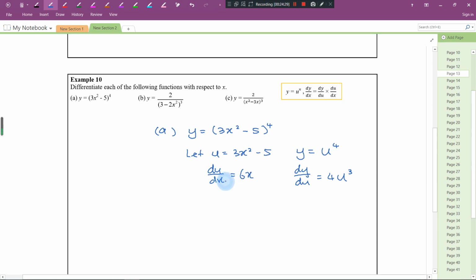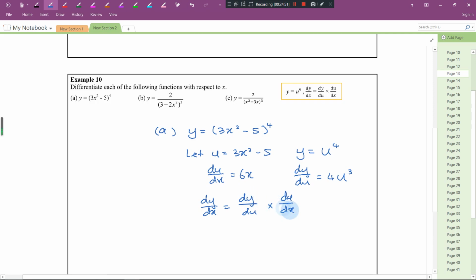Now I have du/dx and I have dy/du. I'm going to combine these two to help me get dy/dx. Now I'm going to use the chain rule: dy/du times du/dx.